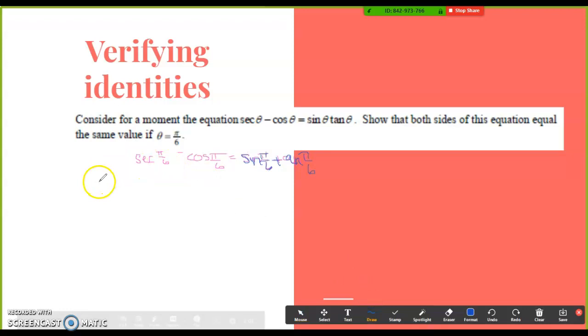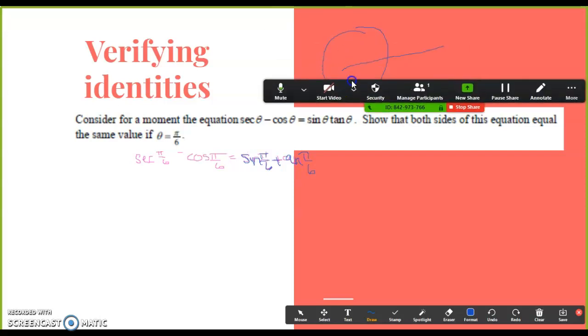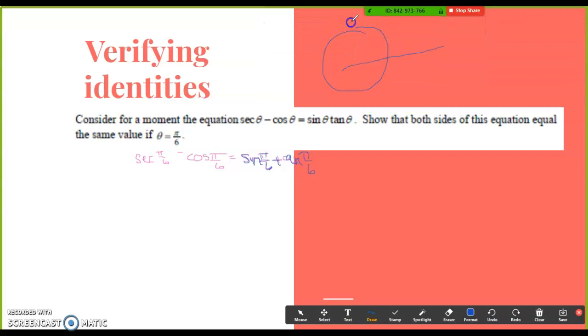The first thing we need to do is remember the coordinate points for pi over 6 on the unit circle. There's pi over 6, and I know that terminal point is radical 3 over 2 and 1/2.